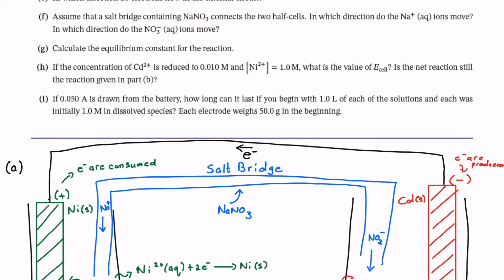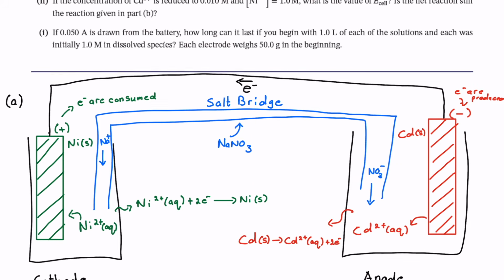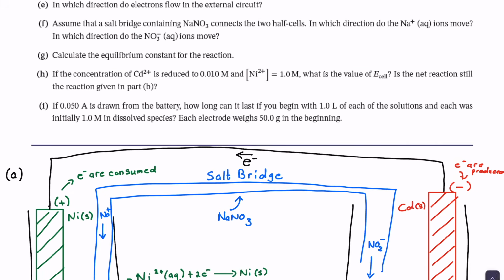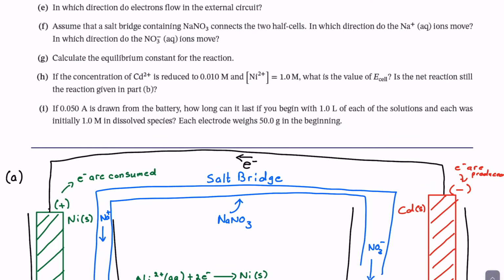And it says, in which direction do the sodium aqueous ions move, and in which direction do the nitrate ions move? That's also something we've already discussed, in that the sodium ions need to move into our cathode compartment, and our nitrate ions need to move into our anode compartment to maintain neutrality in the half cells.